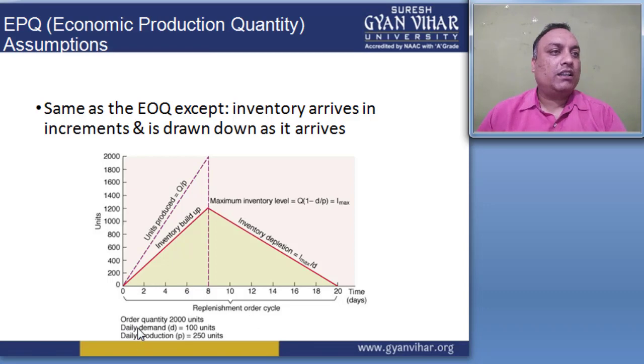The order quantity is 2000, but the daily demand is only 100 units, and the daily production P is equal to 250 units. So the replenishment order cycle is 20 days for this case, right? So move to the next.